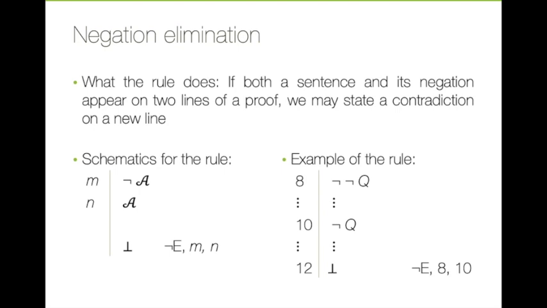So as usual, our new line is justified by reference to the rule and the lines on which the negated sentence and the original sentence appear.